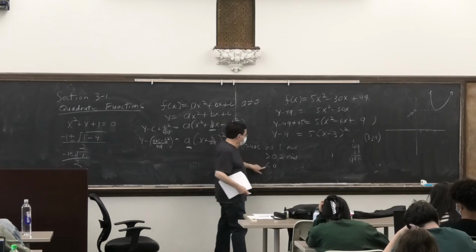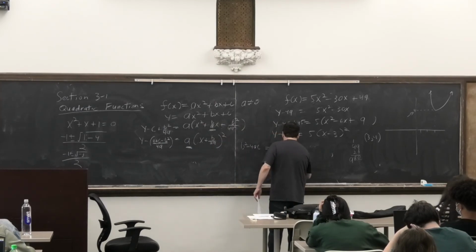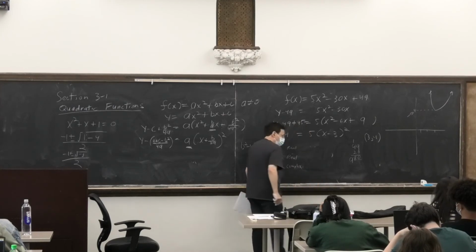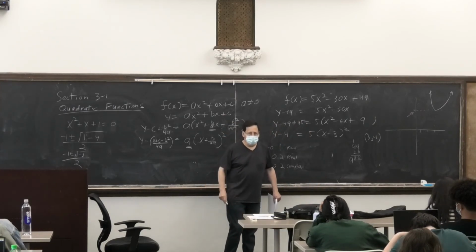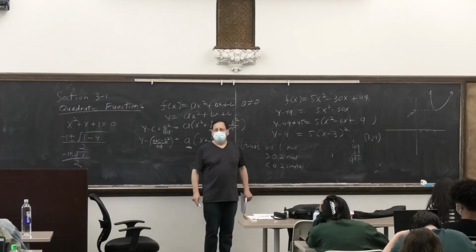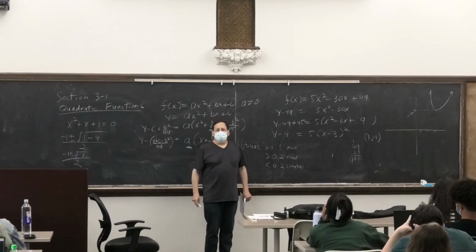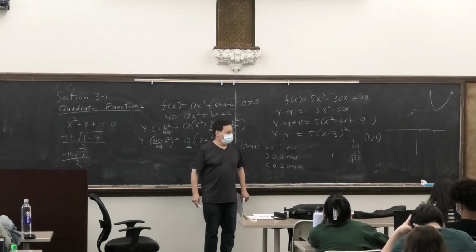So if the determinant is less than 0, you have two complex roots. They're complex conjugates.